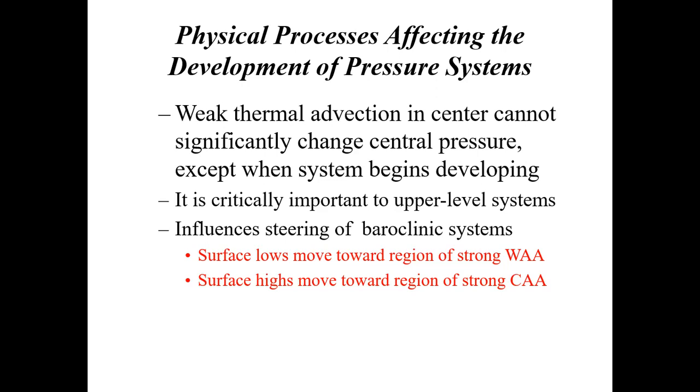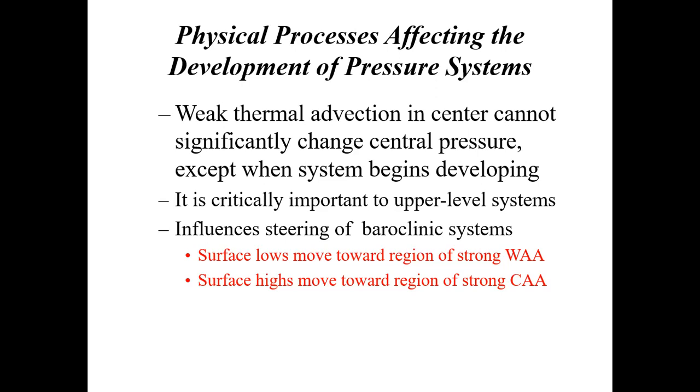When we have any kind of thermal advection, it also influences the steering of baroclinic systems. So wherever your strongest warm air advection occurs, the surface low pressure track is going to move toward that region, taking the path of least resistance, where the strongest amount of warm air is moving into an area.